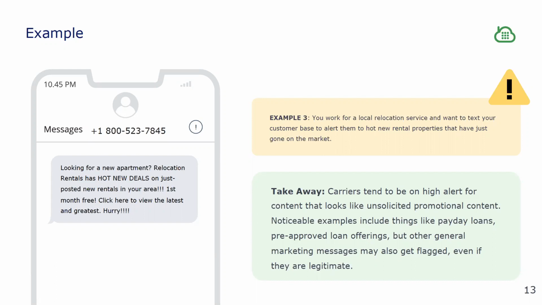Also, in the last sentence it says "click here to view the latest and greatest and hurry." These are phrases and words that can tip off the message content filters, which will eventually lead to your messages getting blocked or your numbers getting blocked.